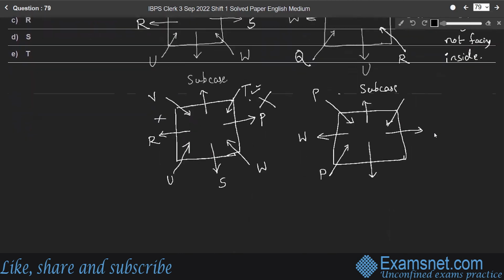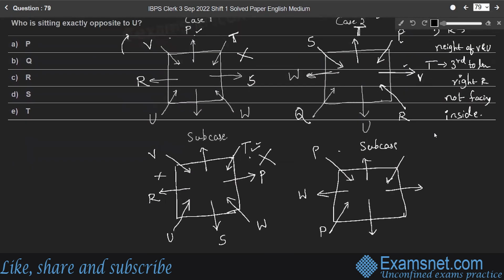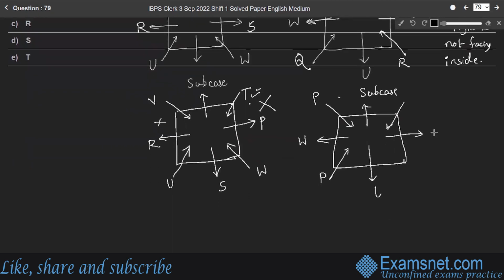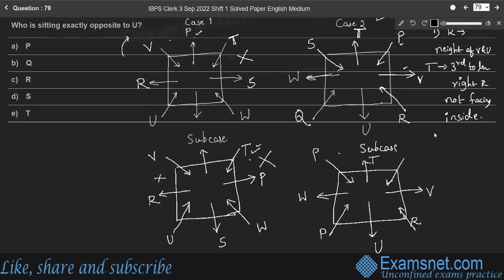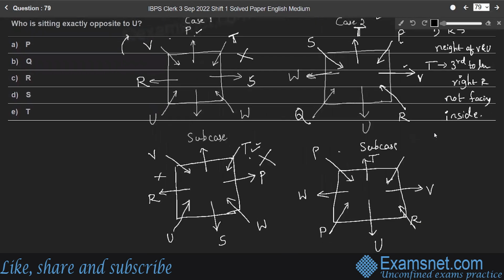So, look at subcase 2 also. Here R is the neighbor of U and V. Third to the right of R, T is sitting. So what about the other positions? What about P's position?